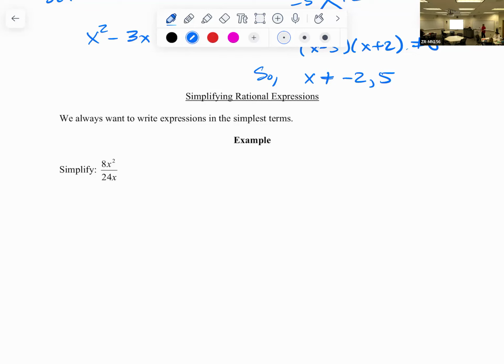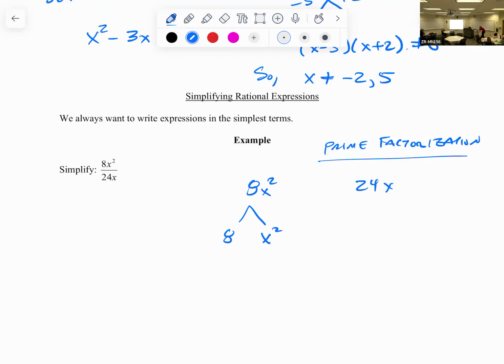In order to simplify this, ideally you can just see it, but if it starts to get to be numbers you're less familiar with, do the prime factorization, for both the numerator term and the denominator term. Remember, prime factorization is breaking things up into primes, starting by breaking up the number and the variable.